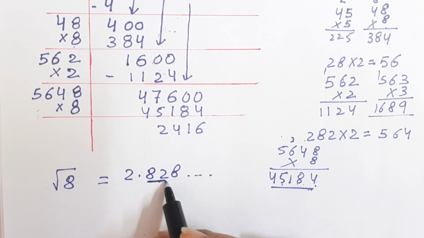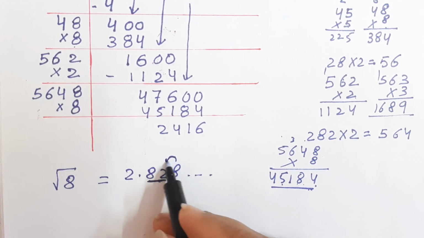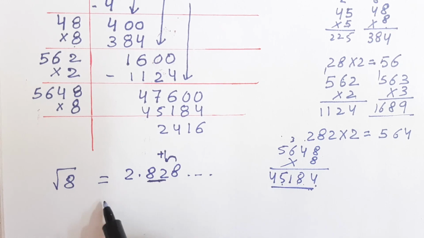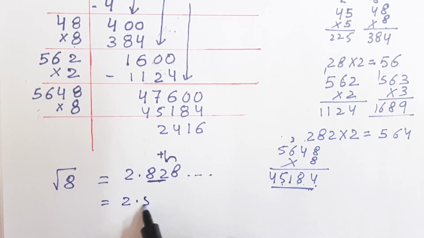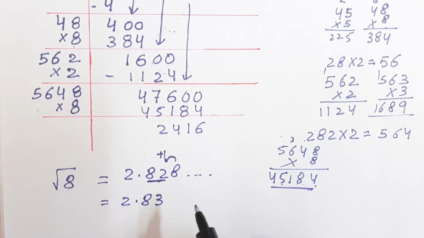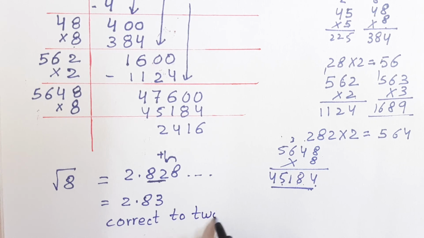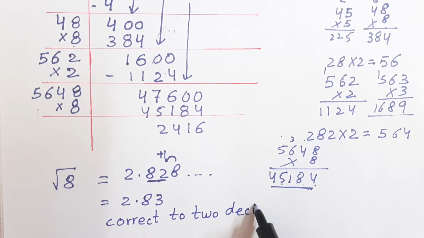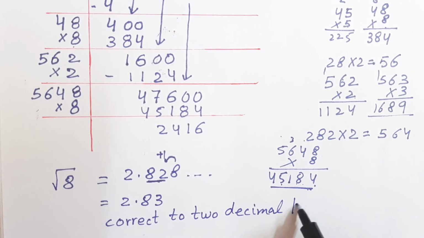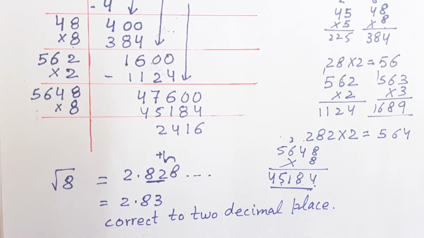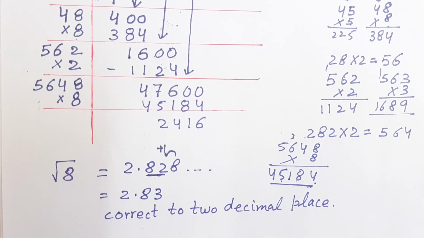But you can see after 2 it is 8. So that means we will add 1 to this. So this will become 2.83. This is now correct to 2 decimal places. Clear? I hope you all have understood this.